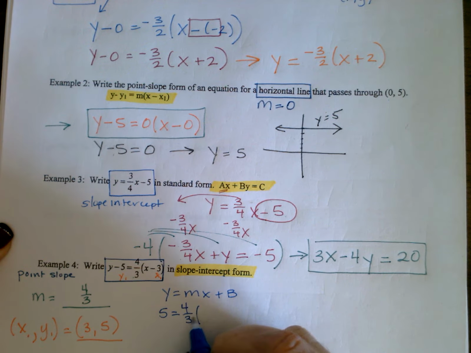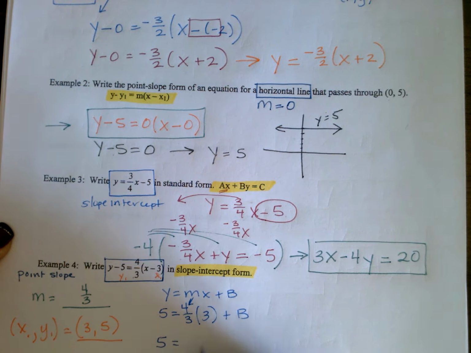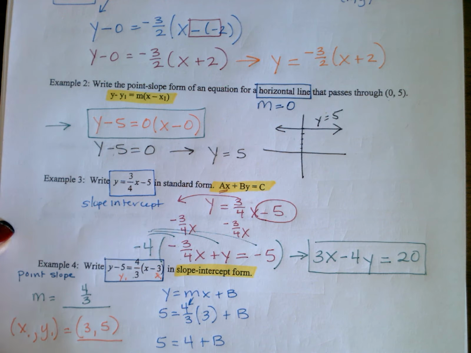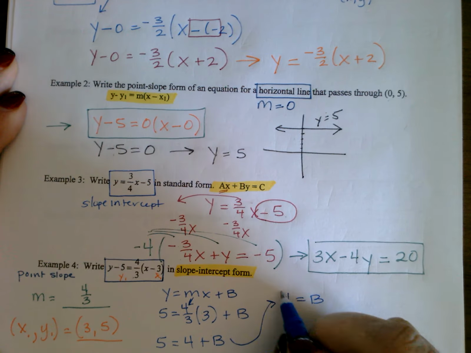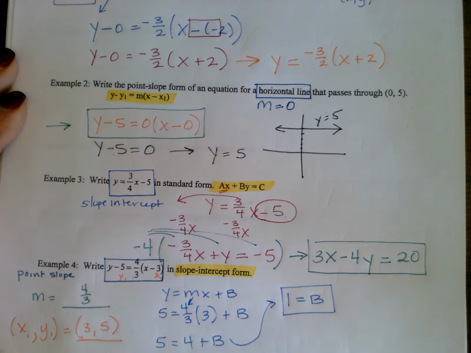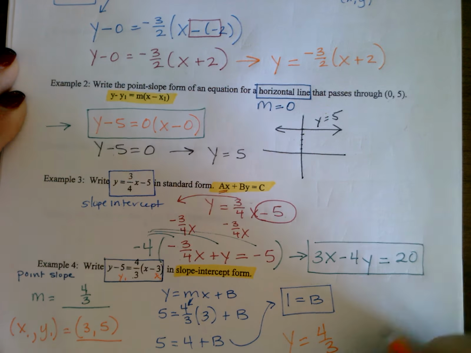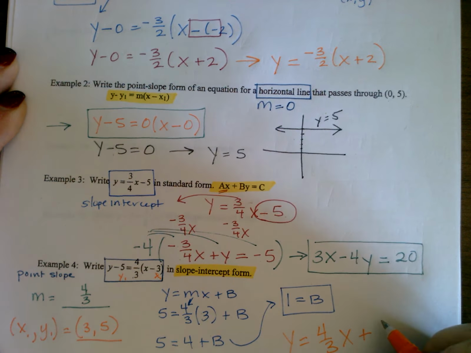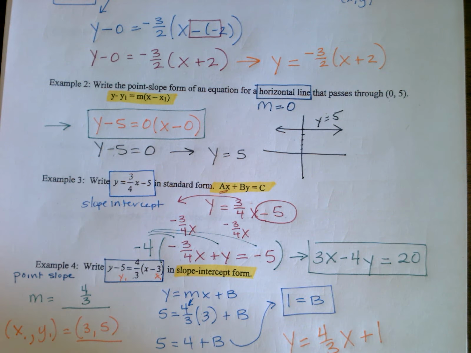I put 5 in for y, 4/3 in for m, 3 in for x, and solve for b. 5 equals 4 plus b. Subtract 4 from both sides. I get b equals 1. I have a slope of 4/3 and a y-intercept of positive 1.